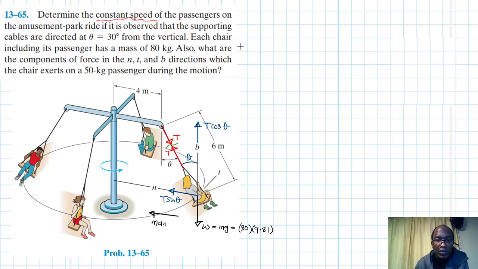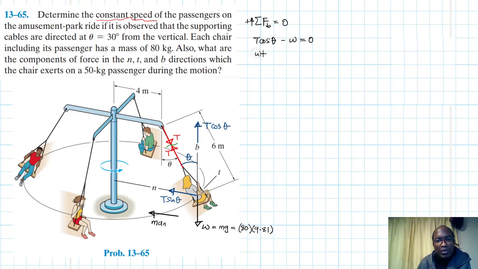Let's write down the equations. Let's start with the B axis so that we find what T is, and once we have found T, we can go along the N axis, but it doesn't matter which one you start with. The summation of forces along B, going up being our reference, is equal to 0, since you don't have any motion in that direction. Therefore T cos theta minus W equals 0.